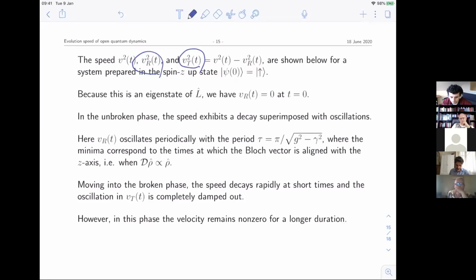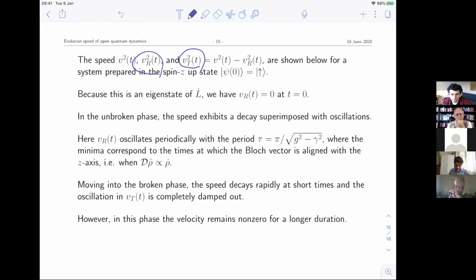And so what we find is that in the unbroken phase, there's always an overall exponential decay. So what's of interest is what remains when you take out the decay. So in the unbroken phase, the velocity or acceleration or the state itself, they all exhibit oscillations, which is superimposed with a decay, okay?